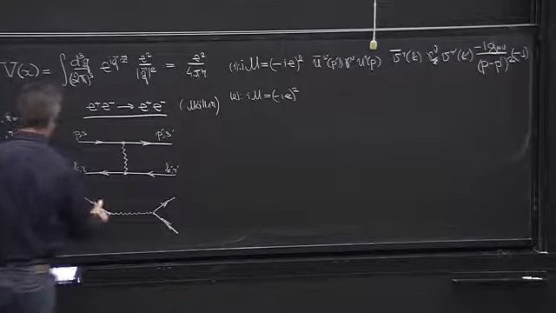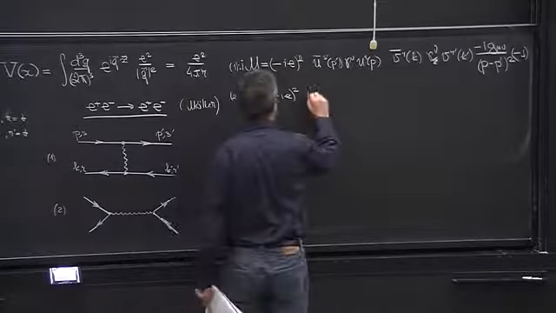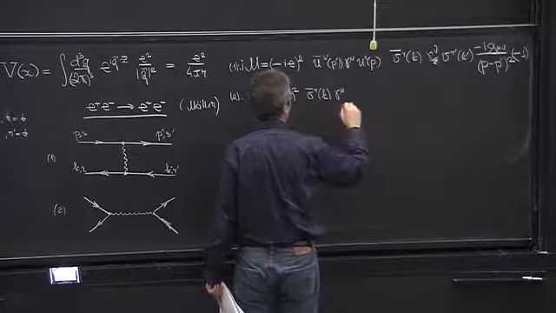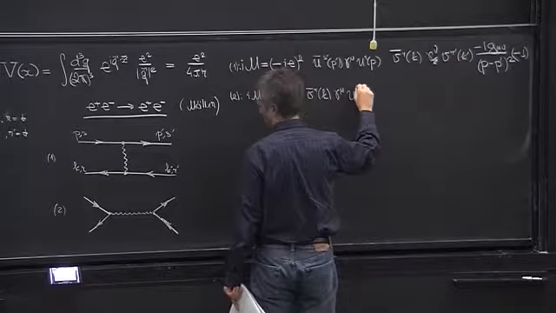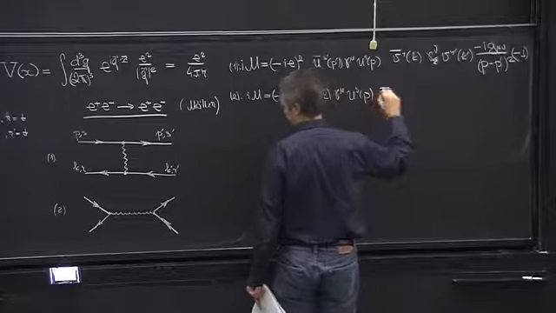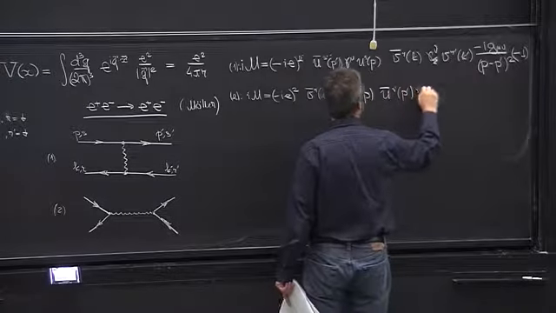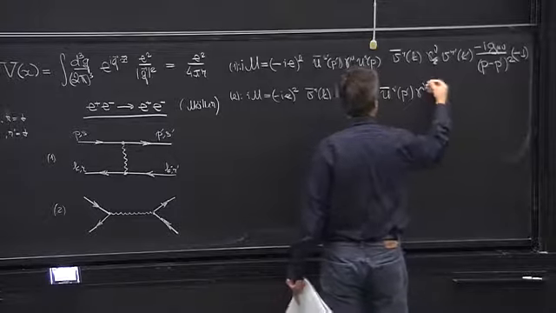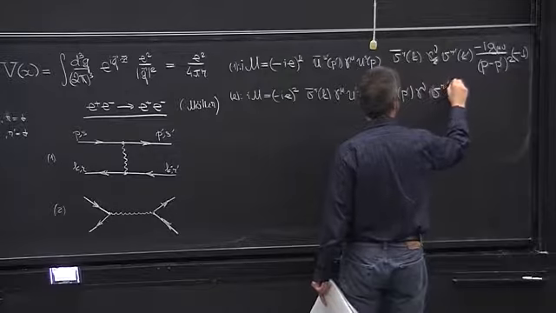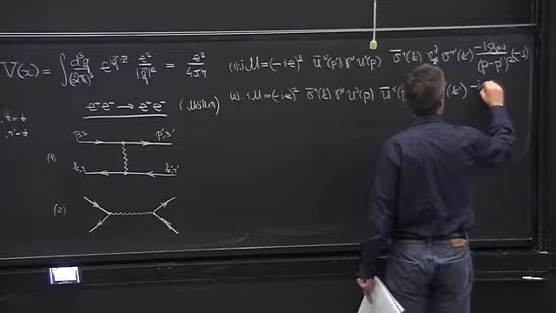Now we read this line, and it starts with the V bar, U of S of P, and then U bar of S prime of P prime, gamma nu, U of V of R prime of K prime. And then minus i gamma mu nu.